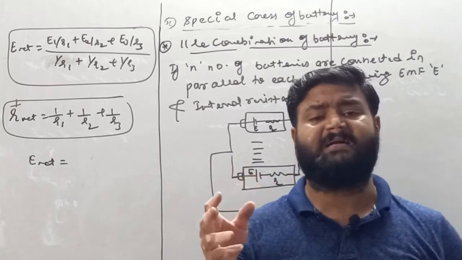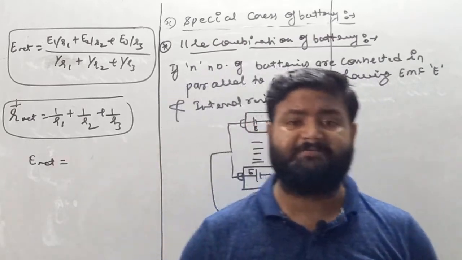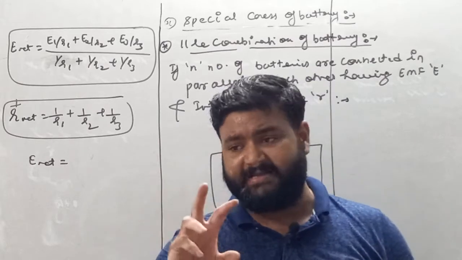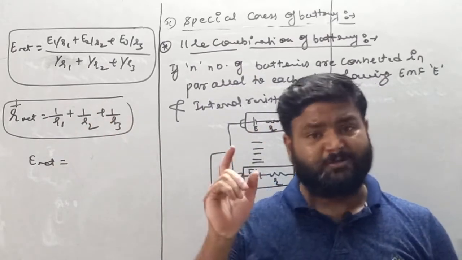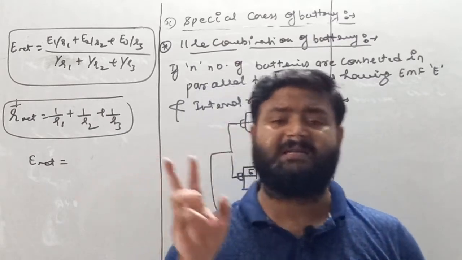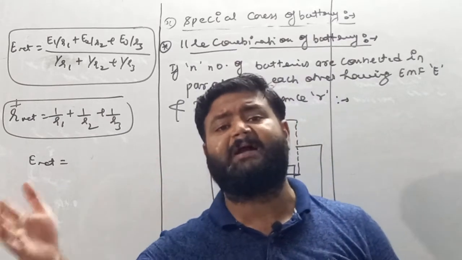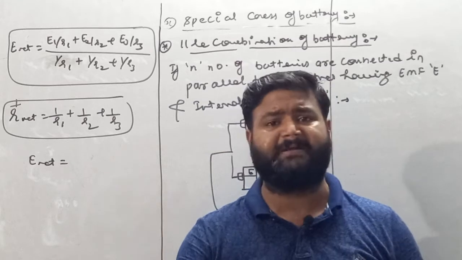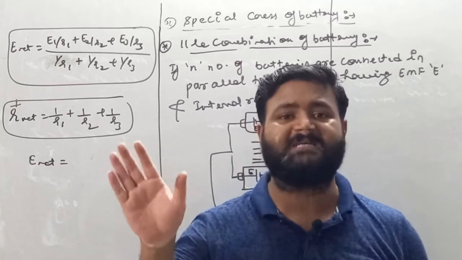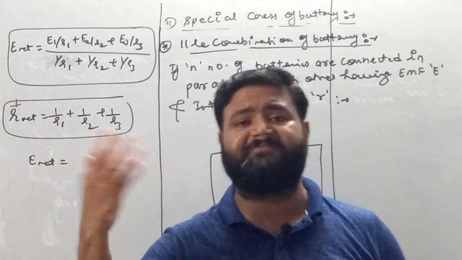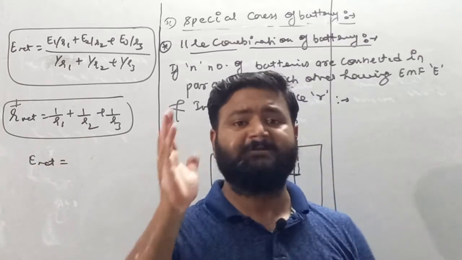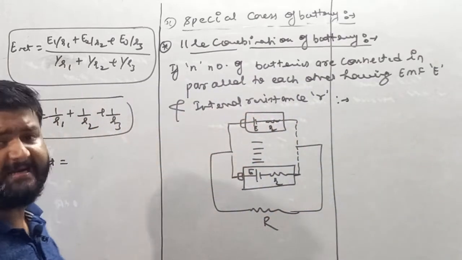If you are operating any device with the help of a battery, and in that device, let's suppose 5 batteries are connected, this is a practical example that all the batteries carry the same EMF and the same internal resistance. There is no such device which is operated with batteries of different EMF and different internal resistance. So basically we are discussing in a practical manner.